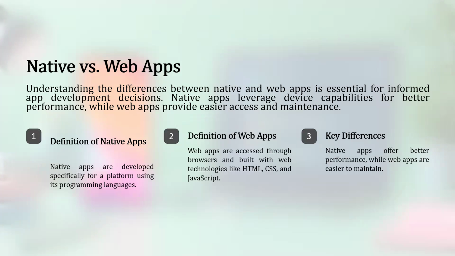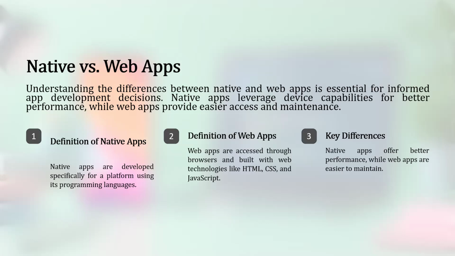This is often the first decision made during an app development project, and it influences performance, cost, user experience, and even scalability. Here, native apps are built for a specific platform, say Android or iOS, using the platform's own tools and languages.